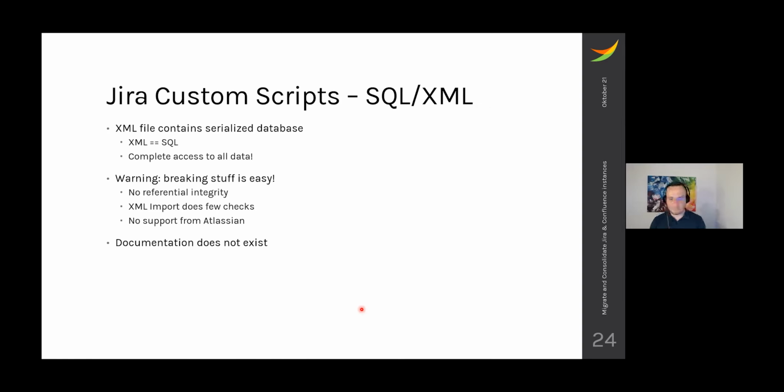A common method I see people use is string replace on the XML file. Like, you have your username and the username changes, and for the migration you want to change the username, then they just do a string replace in the XML file, which works 99% or 80% of the time.